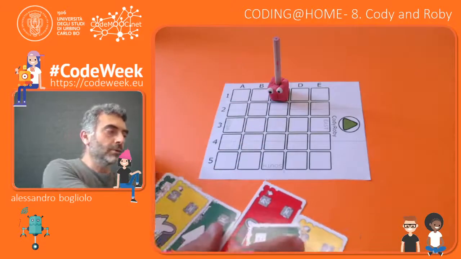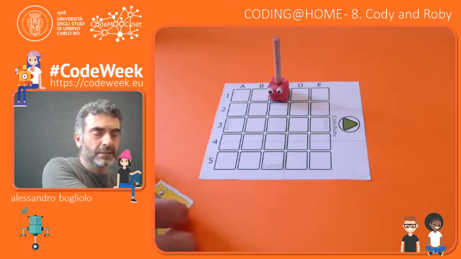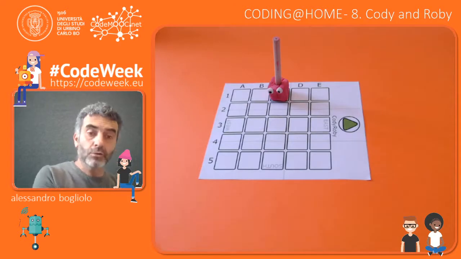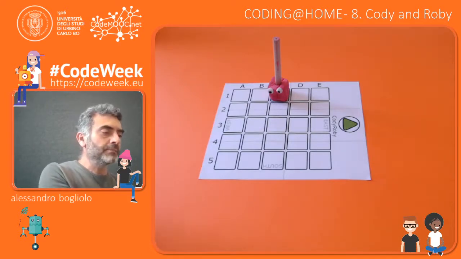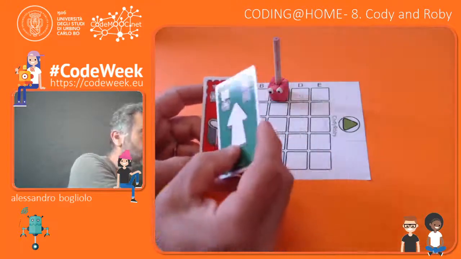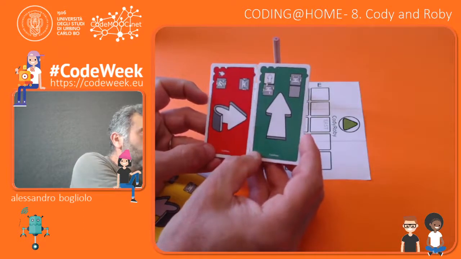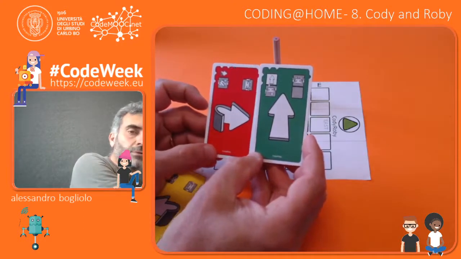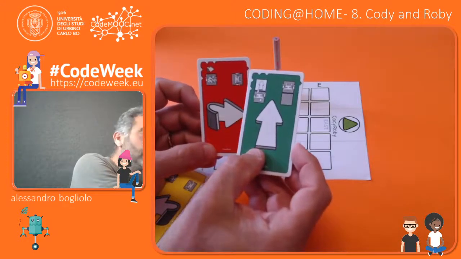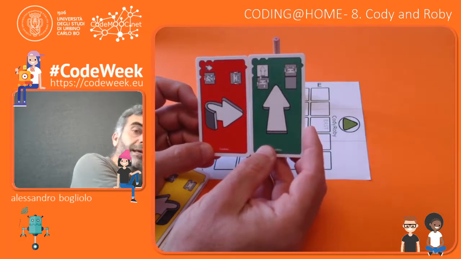Now we can make a first game with this instrument, which is called CodyRoby. The combination of these cards and any kind of piece to be used as a robot to be moved on the checkerboard is called CodyRoby. These cards can be combined like the tiles of a puzzle, thanks to this small tip here that fits into the next card.